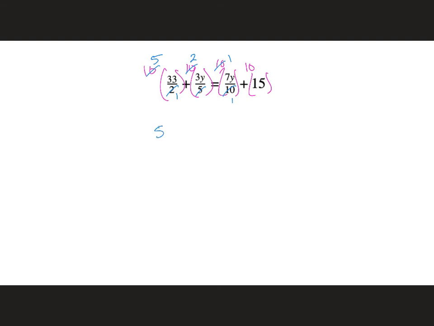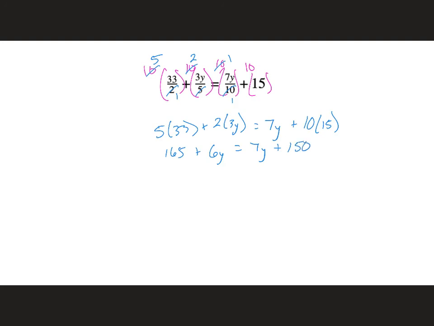And that's going to leave me with 5 times 33 plus 2 times 3y. It's going to equal 7y plus 10 times 15. 5 times 33 is 165 plus 6y is going to equal 7y plus 150.